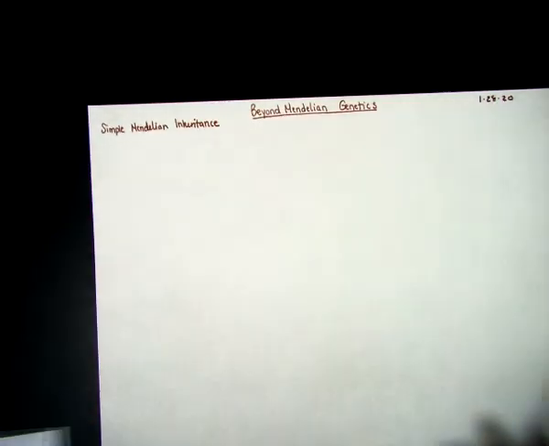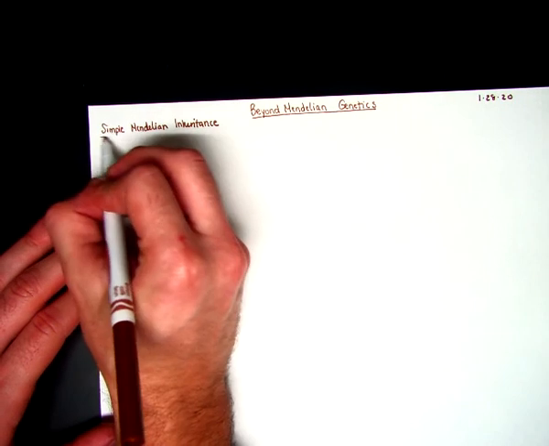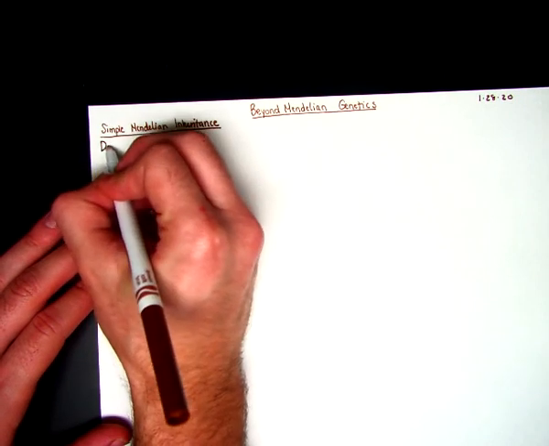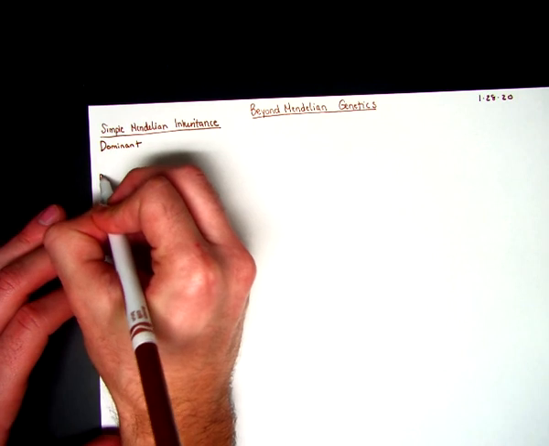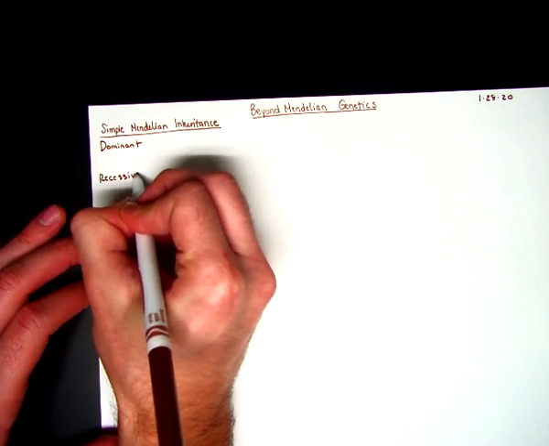So, simple Mendelian inheritance. We've seen that we can have a dominant or a recessive trait.